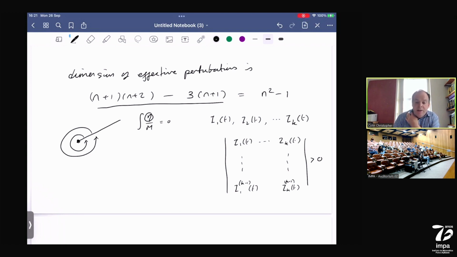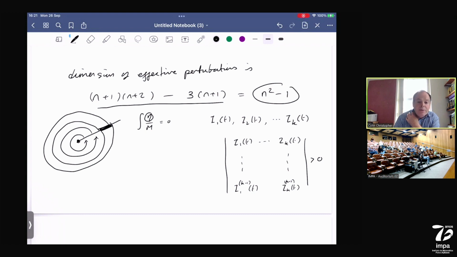So in particular, all we need is that if we can find some period annulus where inside that period annulus we have this inequality, then we know we can generate that many limit cycles. In fact, we can generate this number minus 1 limit cycles inside that region.